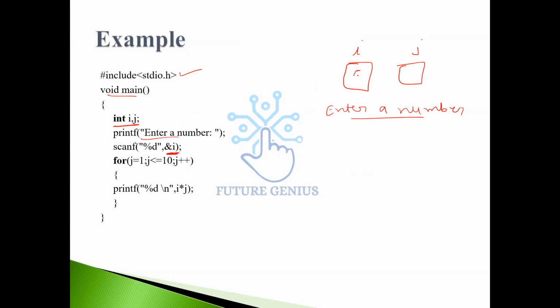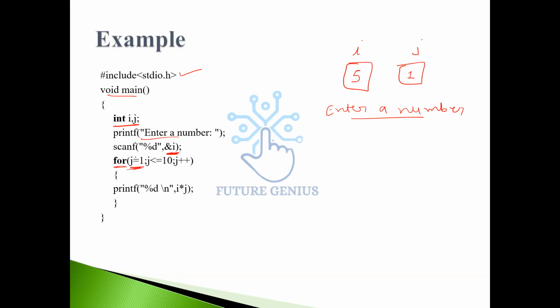Suppose I am entering 5. After that, for j equals 1, I am entering the data related to j in a for loop, so j equals 1, and j is less than or equal to 10.